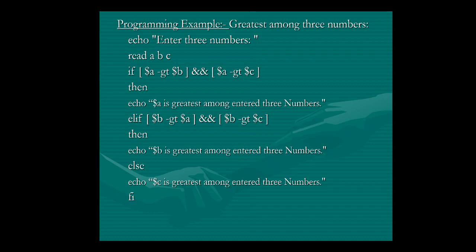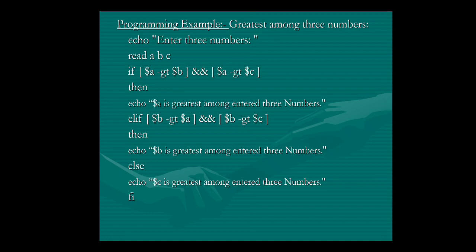Yes friends, in shell programming, the logical AND operator is represented by the double ampersand sign. So we will check that if $A is greater than $B and if $A is greater than $C, so if both conditions are true, then the value in variable A is greatest among the entered three numbers.